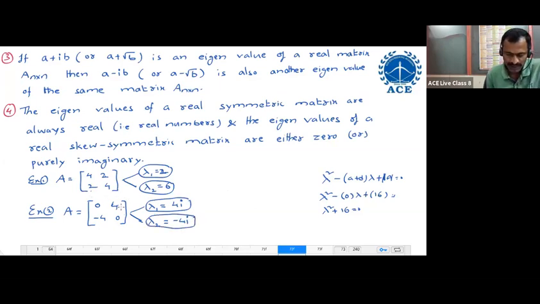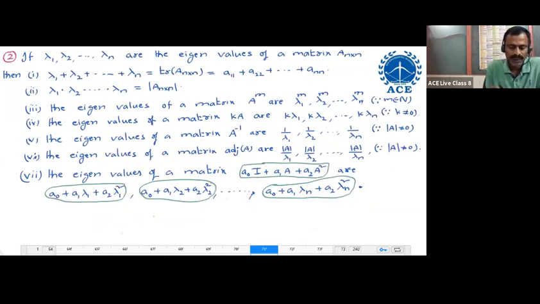Again we go back to the previous property. See this result: the product of eigenvalues equal to the determinant of A only. Out of n eigenvalues, if one of the eigenvalues is 0, this product is 0, and the determinant is 0 only.